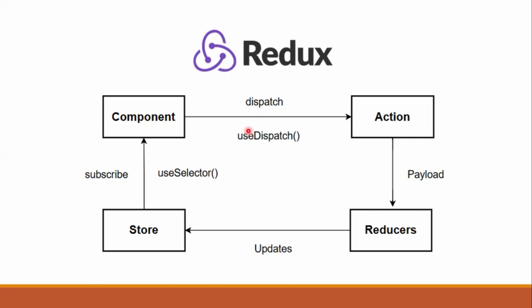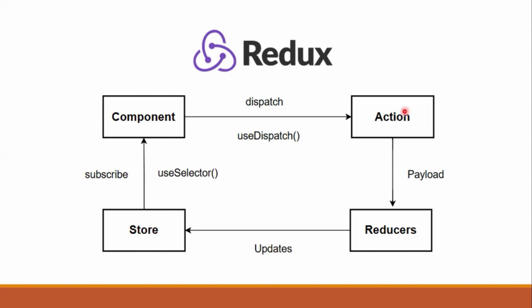Now, when we talk about Redux, we have three important concepts. The first is the store, the second is actions, and the third is the reducer. The store is the central repository where the entire application state is held, and it is accessible by all the components of that application.